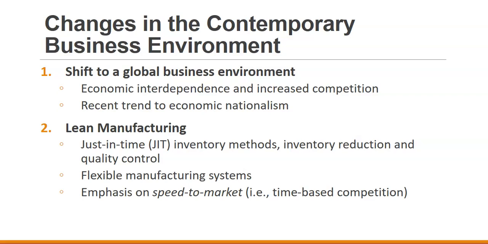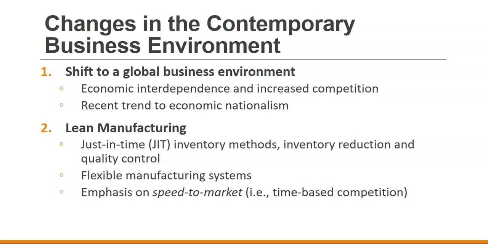Then we have lean manufacturing. So, lean manufacturing is a trend that started in Japan in manufacturing. There are a variety of things that fall under lean manufacturing. One of those is just in time inventory methods. This includes inventory reduction and quality control.